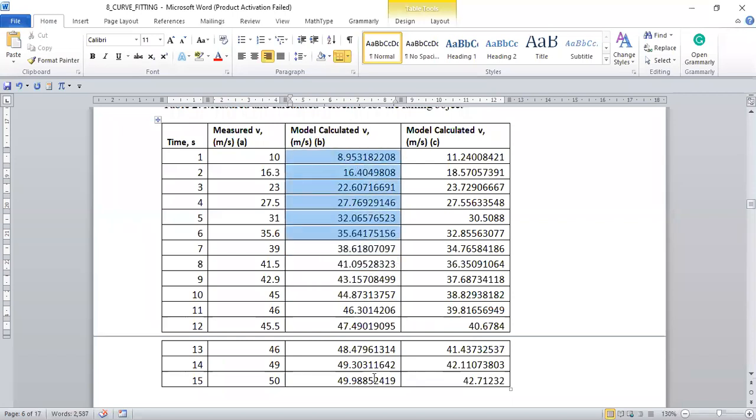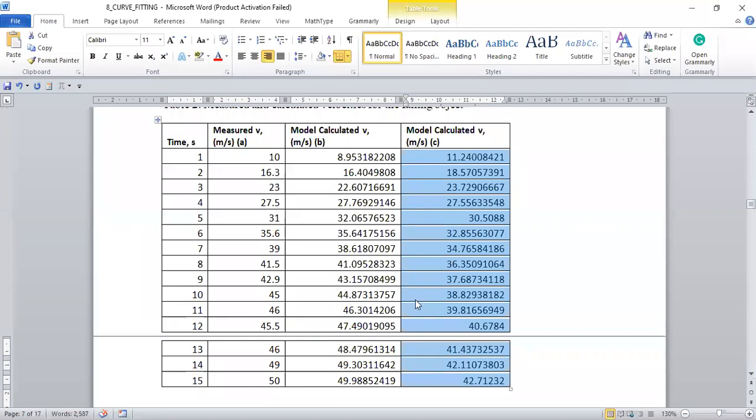So based on our model, these are the values we got. Then there's another model, an empirical model, and these are the values we got based on that empirical model. And we are asked which is the best model that describes the velocity of a falling ball.